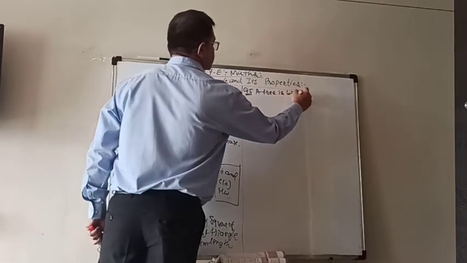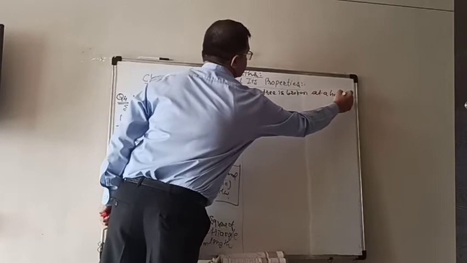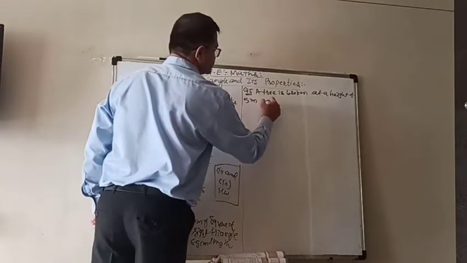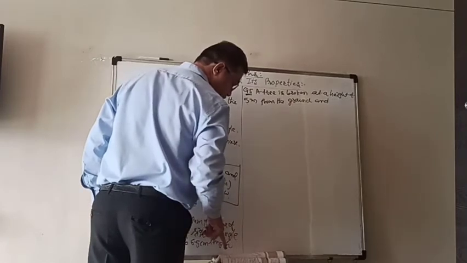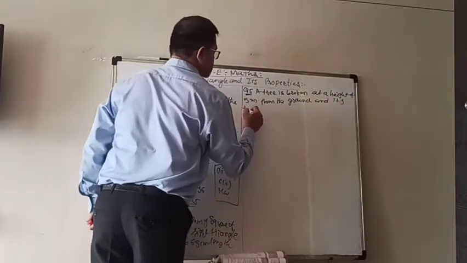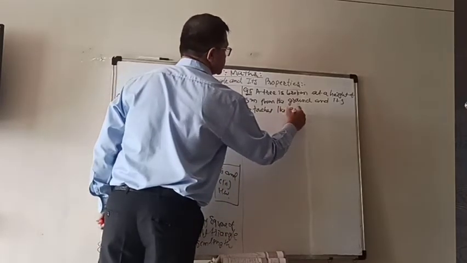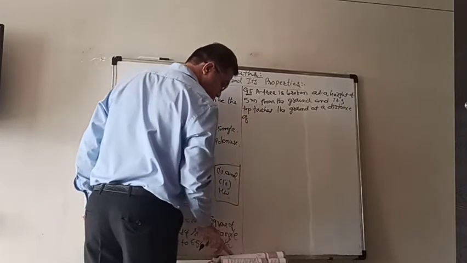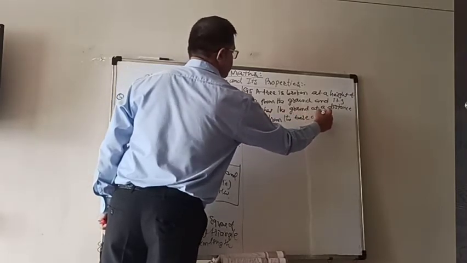A tree is broken at a height of 5 meters from the ground and its top touches the ground at a distance of 12 meters from the base of the tree.